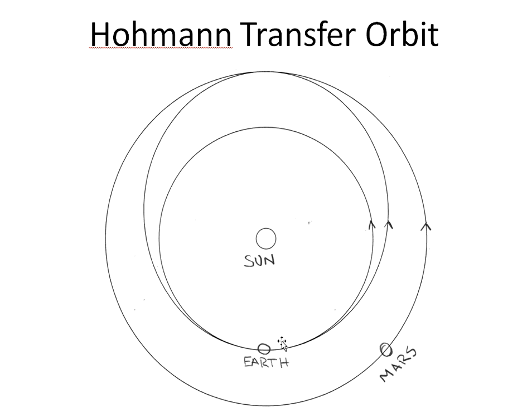When you do this, you have to time it, and this is why you would have launch windows. You would have to have the Earth and Mars in a particular relative location so that you launch it here. It takes a particular amount of time. This is what you're solving for in your homework problem.